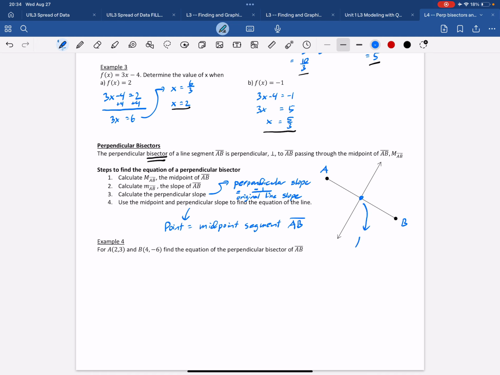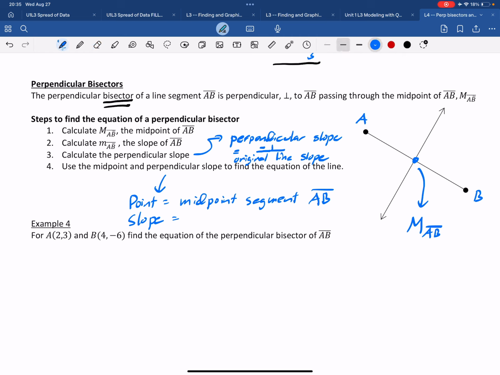How do we denote it? Big M of segment AB. So we need a point and we need a slope. And this is -1 over the slope of the segment, -1 over the slope of AB.